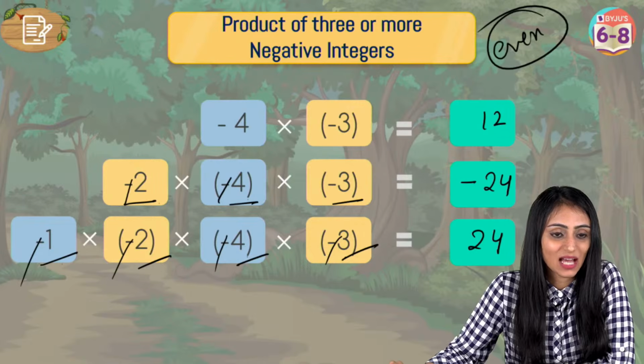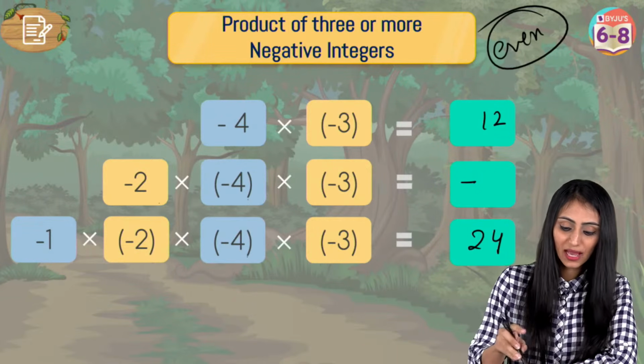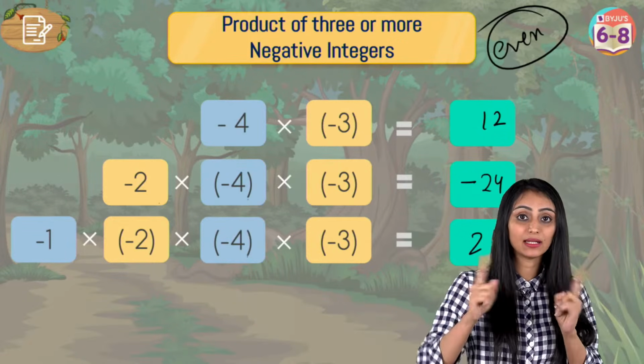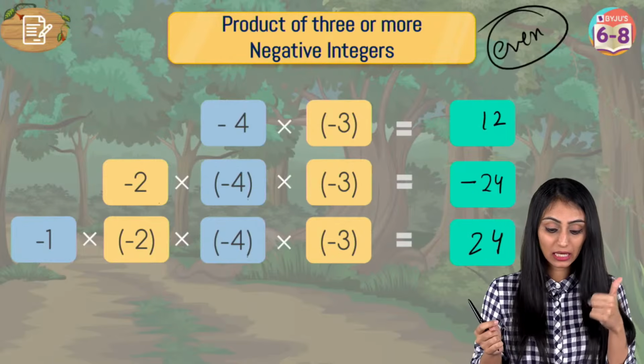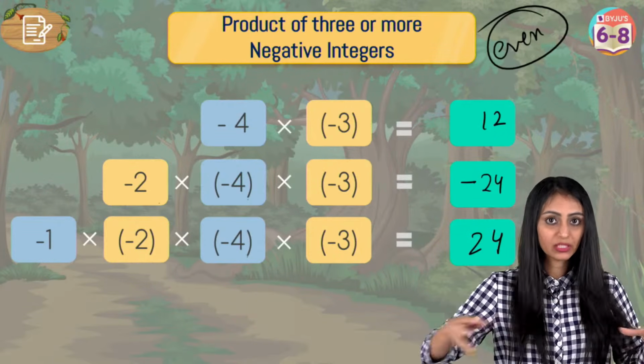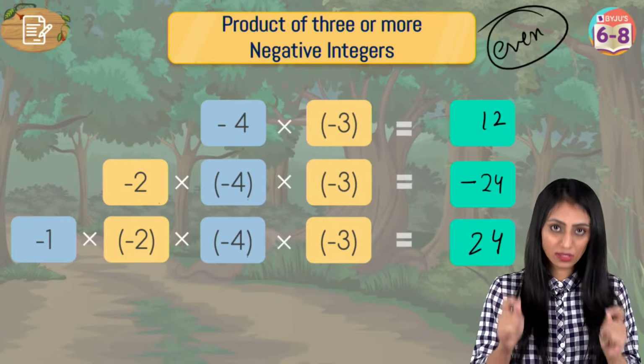Yes, Abhiraj, one more time. We all have understood this, right? That one negative cancels the other one. Negative, negative cancel each other. Keep this in mind. Second thing, if the number of negative integers in a product is even, you always get a positive result.